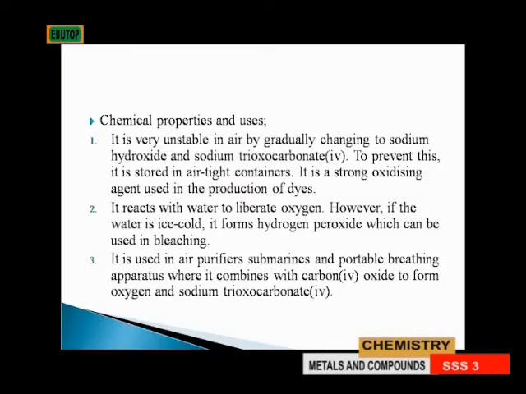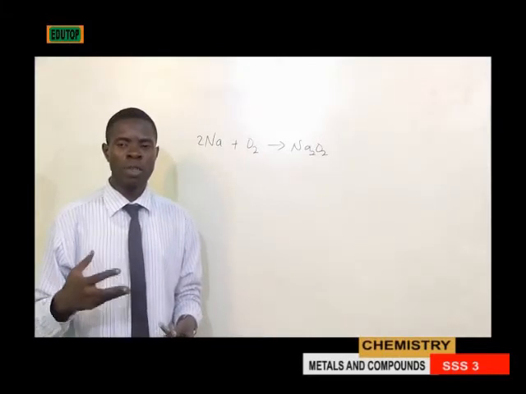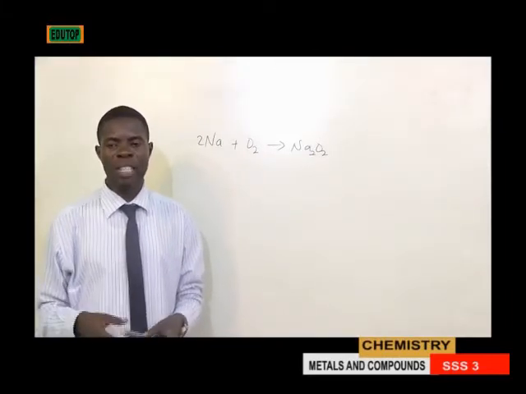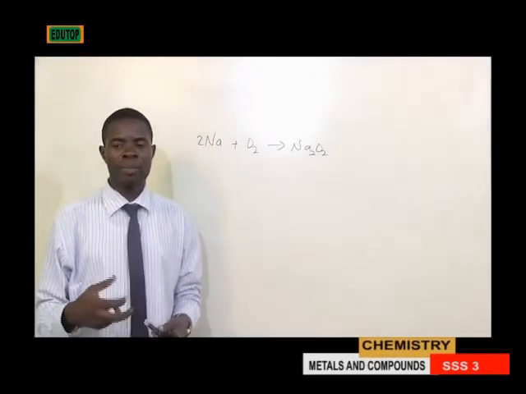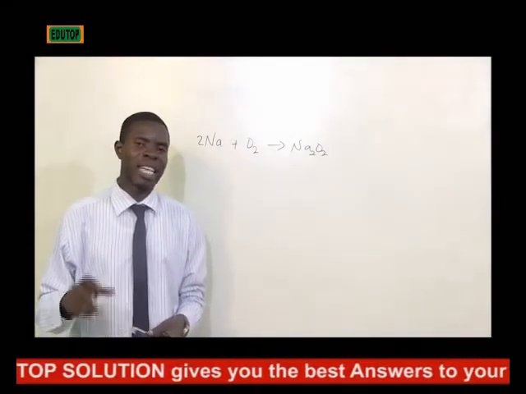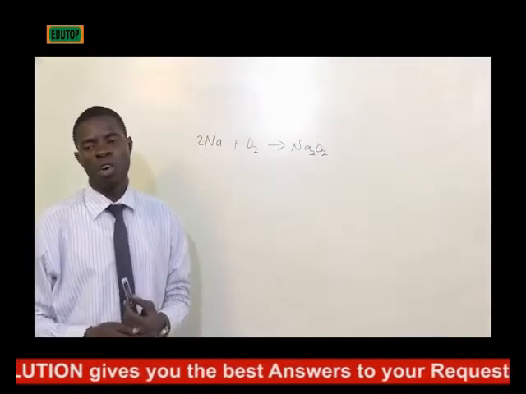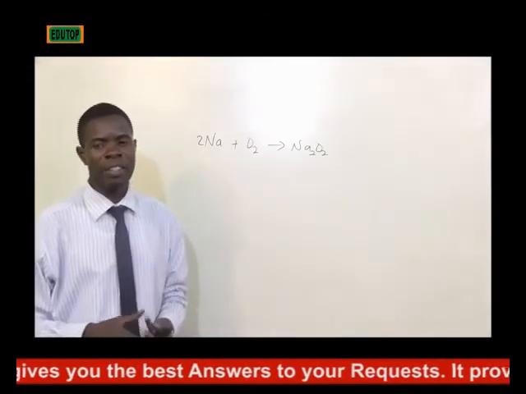To prevent this, it is stored in airtight containers. 1. It is a strong oxidizing agent used in the production of dyes. So one of the uses of sodium peroxide is in the production of dye because it is a strong oxidizing agent.